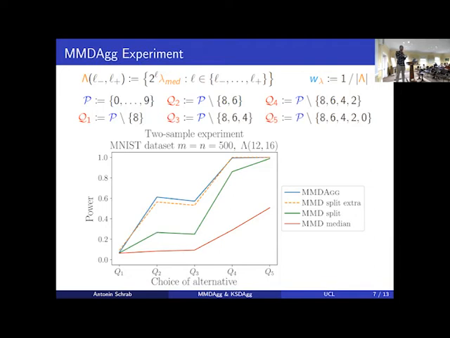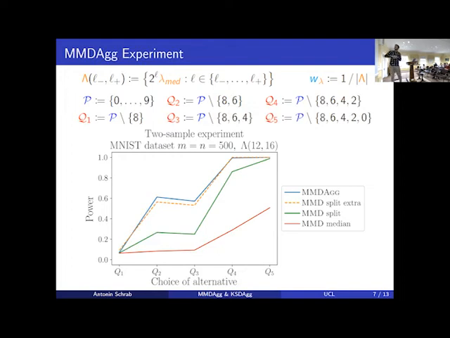So Q1 will be all the digits except 8, all the way to Q5, where Q5 is only the odd numbers. As we move on the x-axis from Q1 to Q5, the problem gets easier and easier, because it's easier to distinguish between odd numbers and all numbers rather than all numbers without 8 and all numbers.